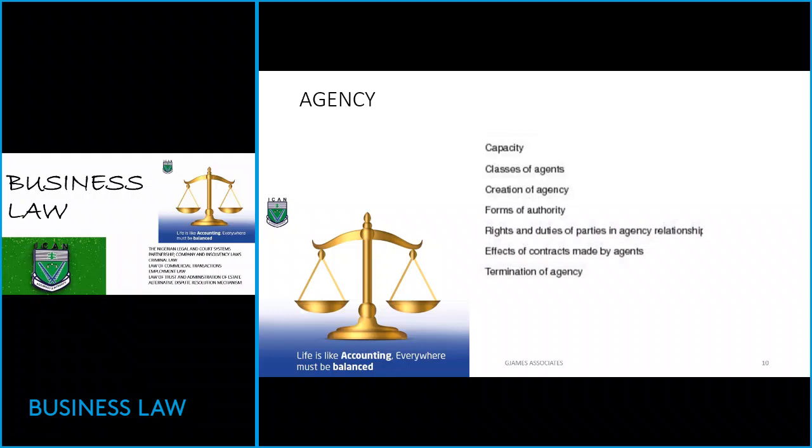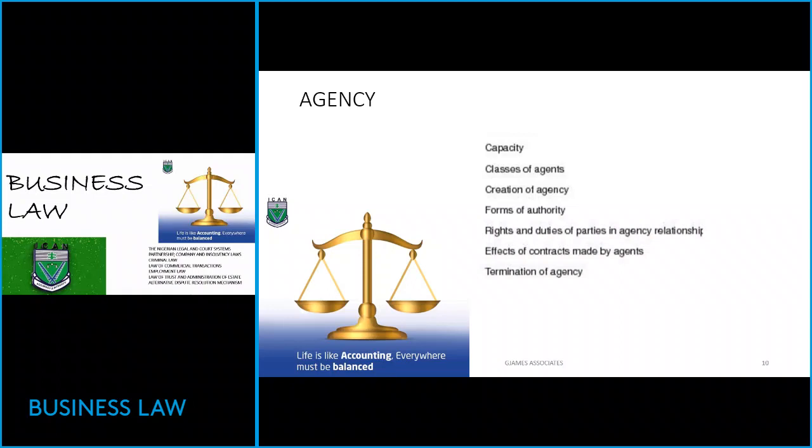We need to understand these types and classes of agents and what and when they can arise. Appointments in agency, necessity, estoppel, and many more that we are going to look at in details.